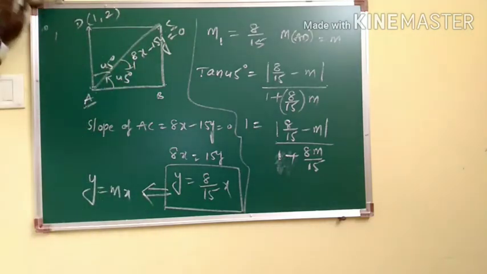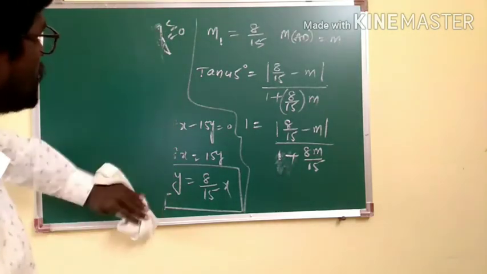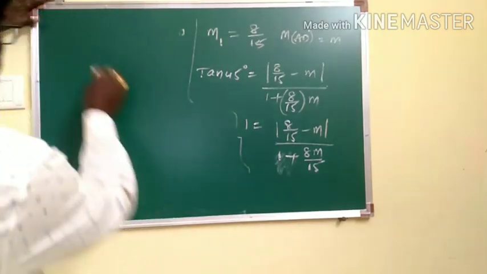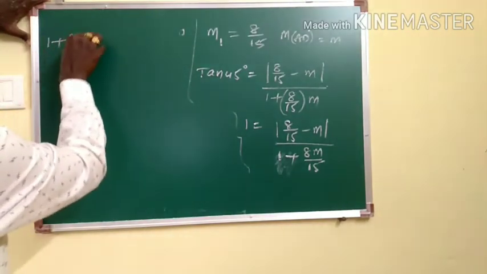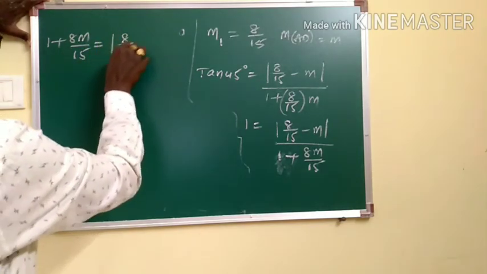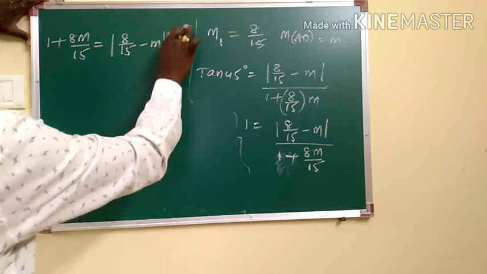Okay, let us simplify it further. 1 plus 8m by 15 is equal to mod of (8 by 15 minus m).